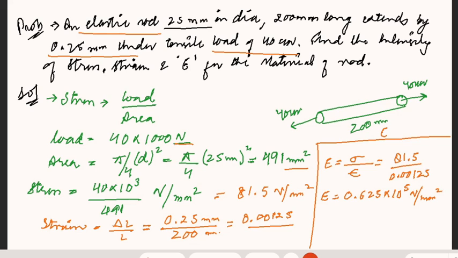This is your modulus of elasticity for this particular type of material. Okay, now this was regarding one of the problems. We'll be doing one more.